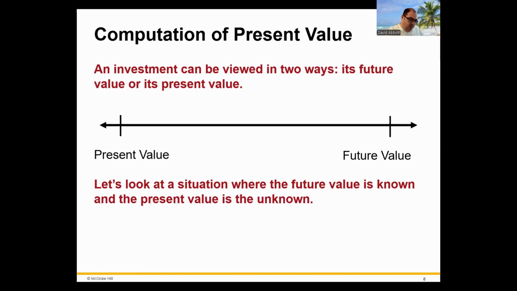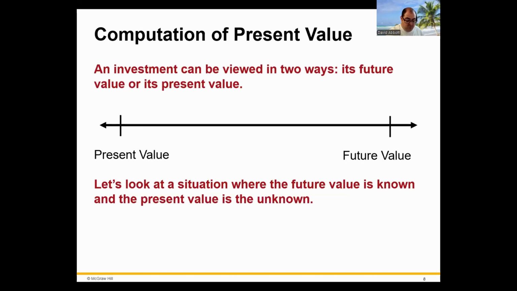All right, so computation of present value. Remember that an investment can be viewed in 2 ways: in its future value or its present value. In the example just completed, the present value was known and the future value was the unknown that we needed to compute. Let's look at the opposite situation.